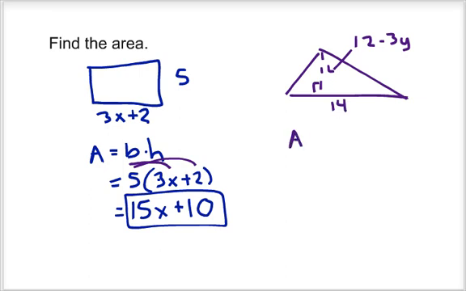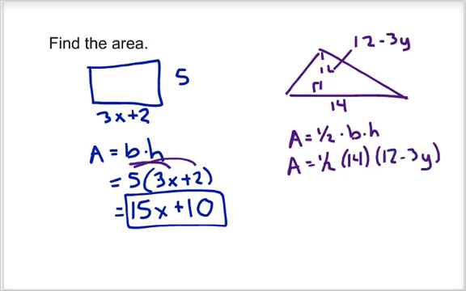Okay, well, the area of a triangle is 1/2 times the base times the height. So the area equals 1/2 times 14 times 12 minus 3y. Now, instead of automatically applying the distributive property, multiplying that 14 times the 12 and the 14 times the 3y, I'm going to do some quick cleanup here.